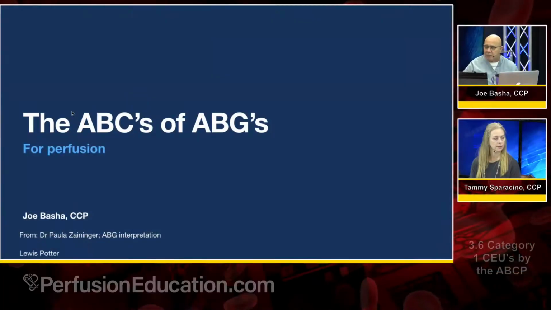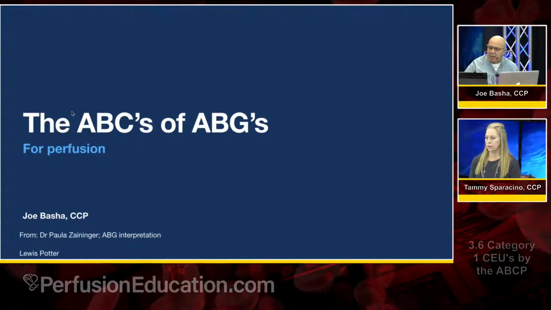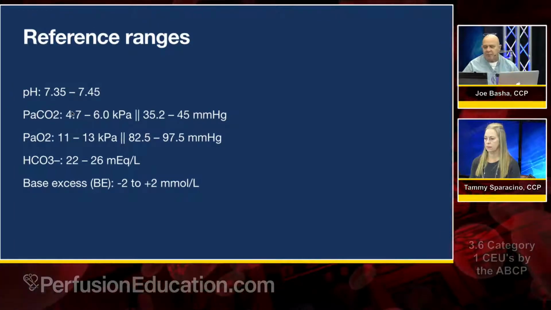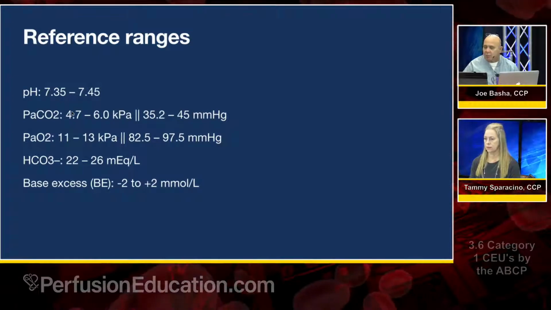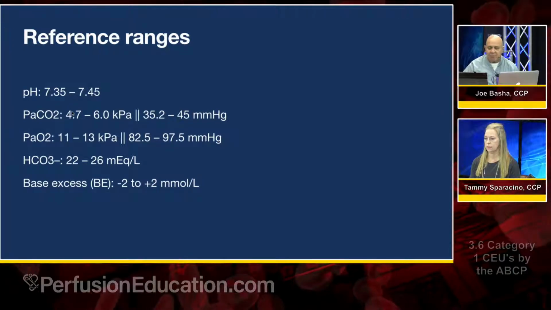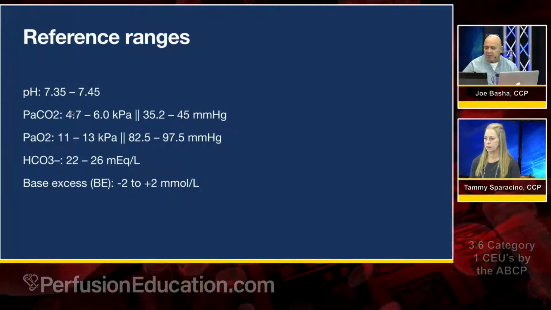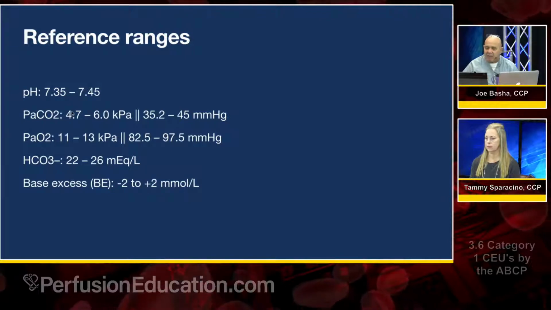This is more for perfusion, but there are obviously some things, since we spend a lot of time in the ICU, that may be more germane there. It's very important for us to understand reference ranges. The normal pH runs between 7.35 and 7.45. PaCO2 runs between 35.2 and 45.